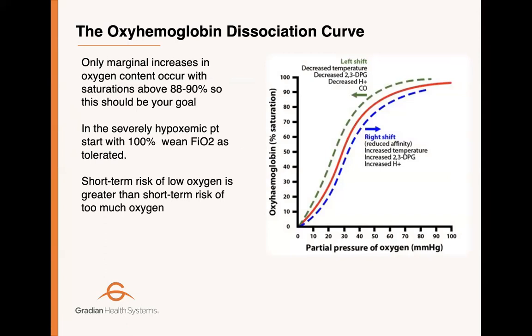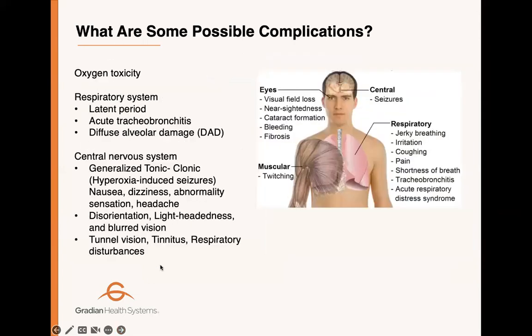The next slide has oxygen toxicity. These are the possible complications which might happen when you give more oxygen than the patient requires. We have something called oxygen toxicity. This has to do with free radicals which can be released due to the high amount of oxygen being delivered to your patient, which the patient does not really require.